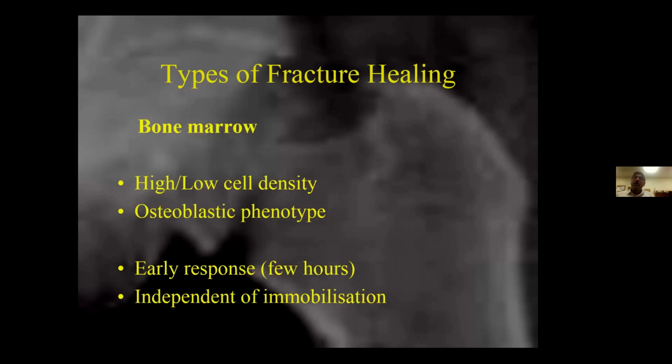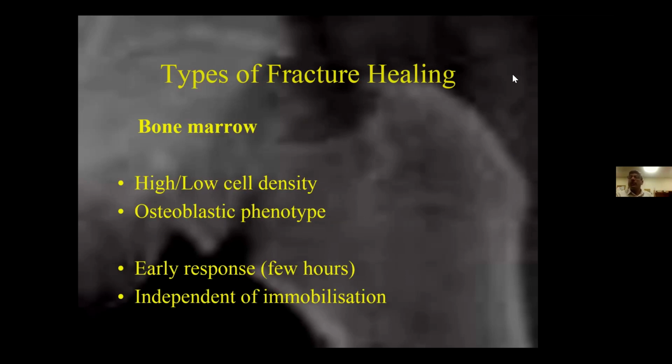And again, not commonly known, but in textbooks, there'll be bone fractures, bone marrow. And in the bone marrow, it's an early response, and this is independent of immobilization. Now, you don't really need to know this, as no one's going to ask you, does the bone marrow contribute?